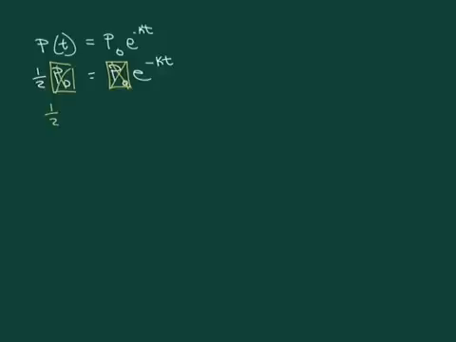That's old junior high math. Now we take the ln of both sides, because we have a t and a k up here. That's our exponent, and it's our unknown. So we have ln of 1/2 equals -kt.